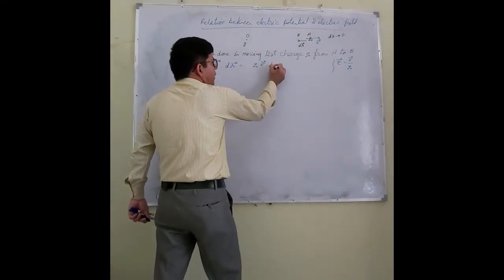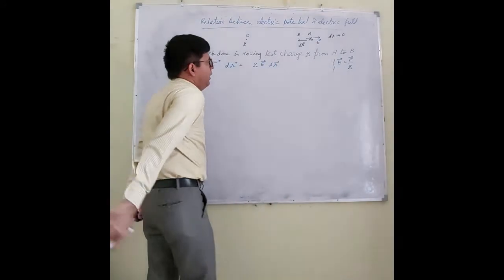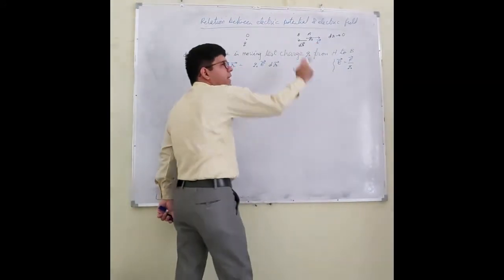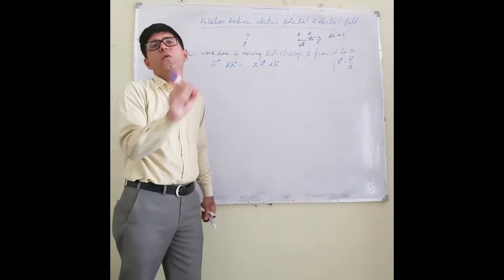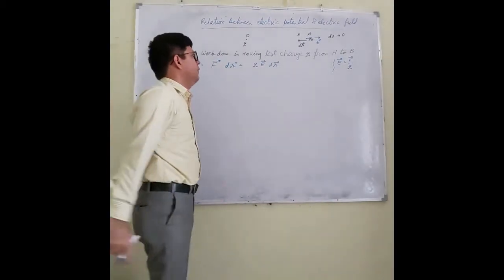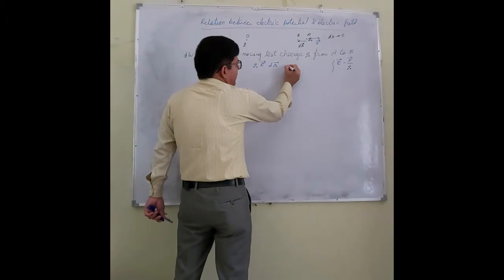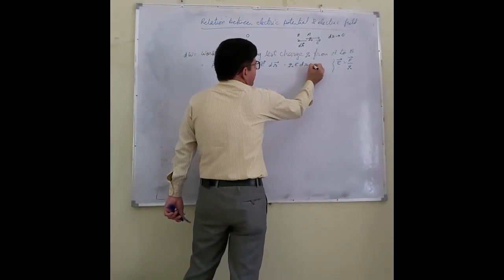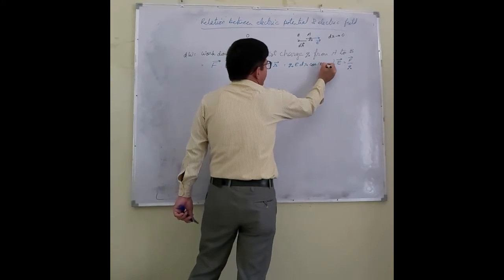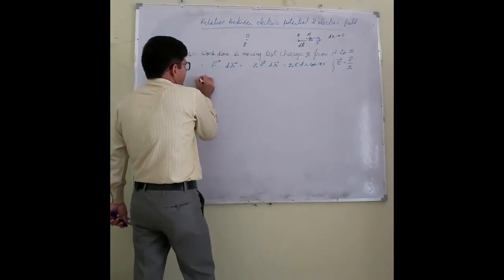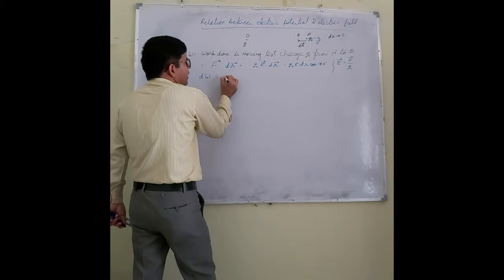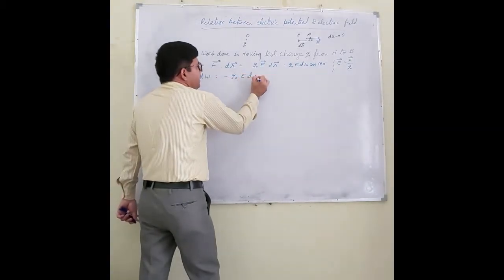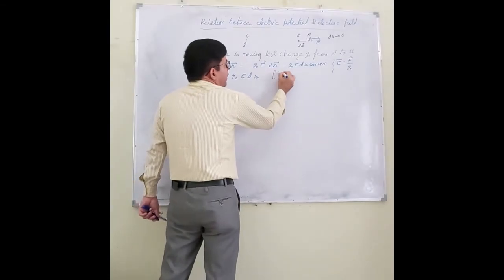dot dr. It is clear from the diagram that the direction of E and dr are opposite to one another. So I can say it is Q naught E dr cos 180 degree. So I can say that dW equals minus Q naught E dr. Why?